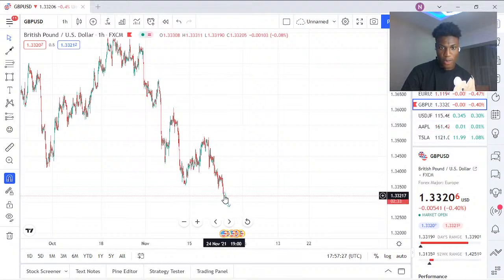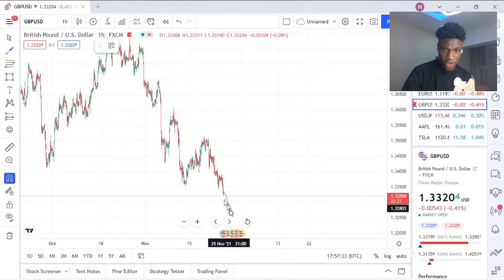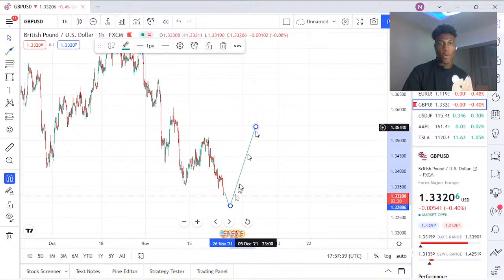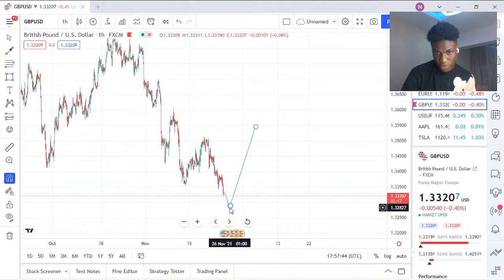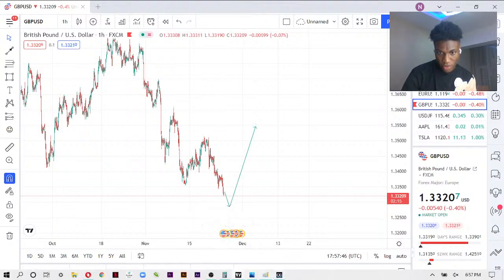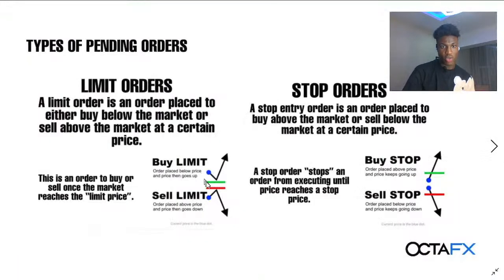So I place the buy limit below in anticipation for the market to get down here, activate my trade and move up.